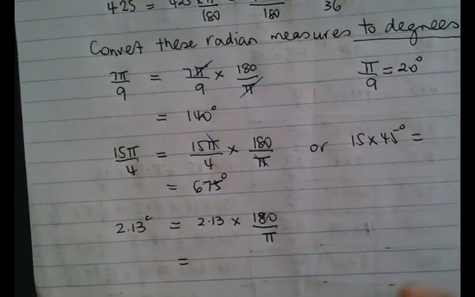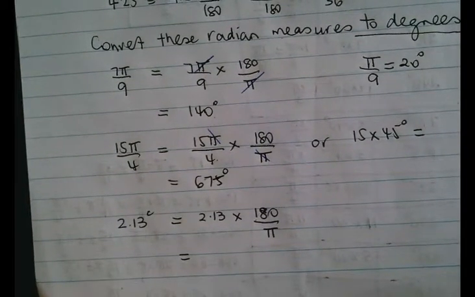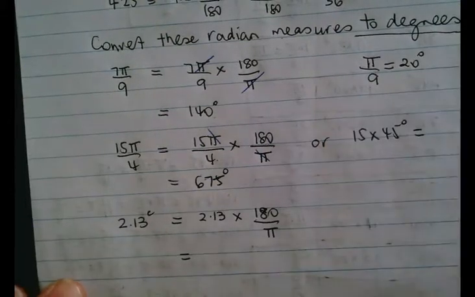So in cases like this, you can't use your exact values if I ask you to do 2.13 radians. Now, the only thing is, pi is 3.14159 etc. This is smaller. I'm thinking my answer is about 120-ish.